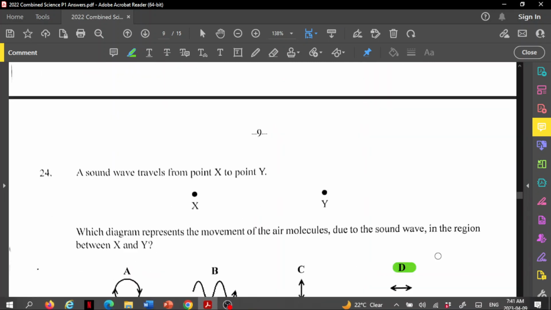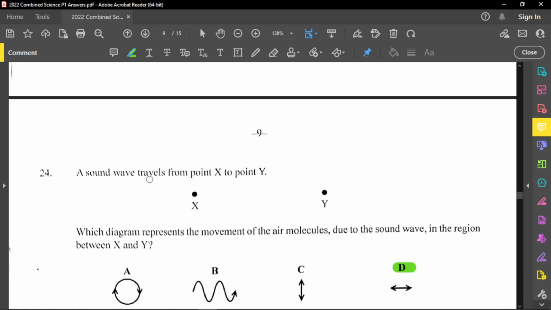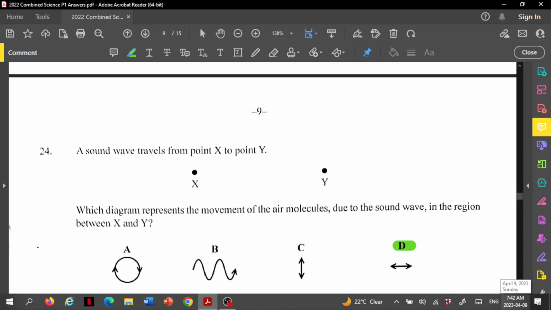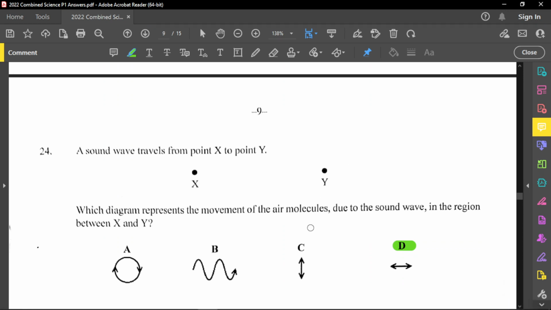But question number 24, it said a sound wave travels from point X to point Y. Notice X and Y right here. It said which diagram represents the movement of the air molecules due to the sound wave in the region between X and Y. And just to make a note, a sound wave is a longitudinal wave. And so what you're going to have is something called compression and rarefaction. For this to happen, it will be represented by D, which means a back and forth movement.